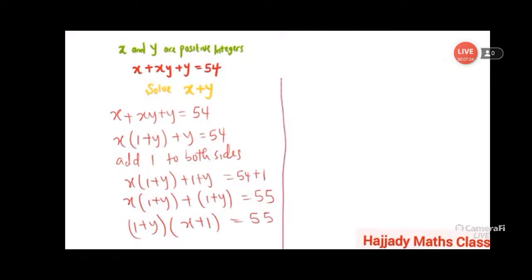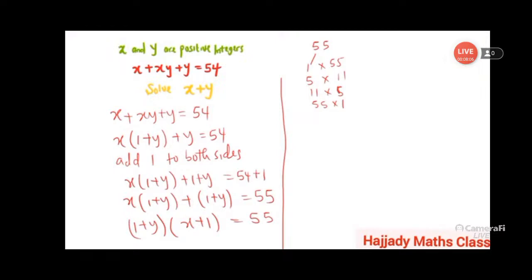forming a simultaneous equation from this, because looking at the factors of 55, we can say that 1 times 55 gives 55, okay? And also we know that 5 times 11 gives 55, and also 11 times 5 gives 55. And lastly, 55 multiplied by 1 also gives 55. And our condition here is that x and y are positive integers.